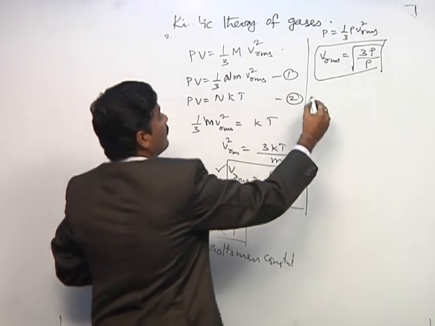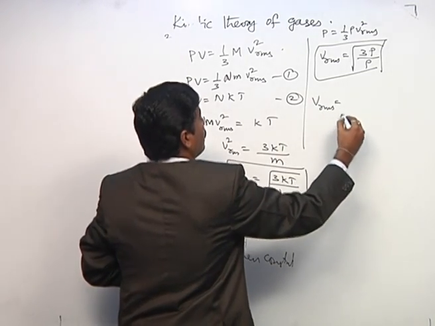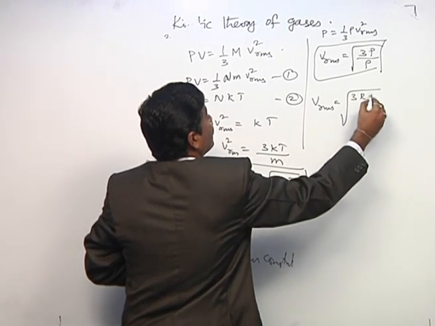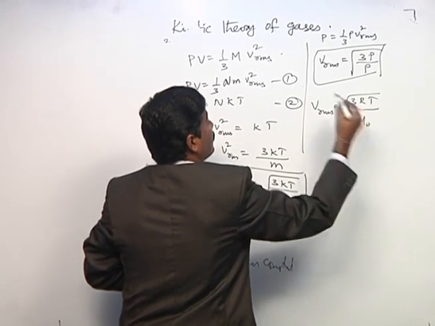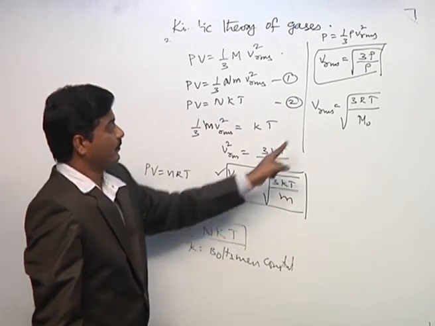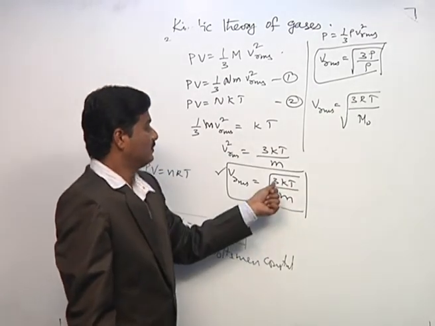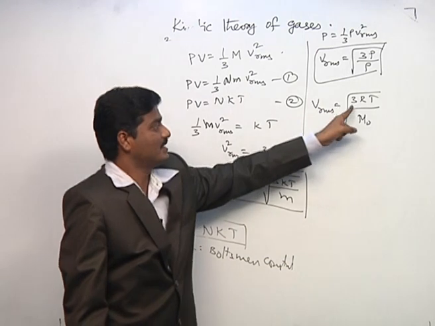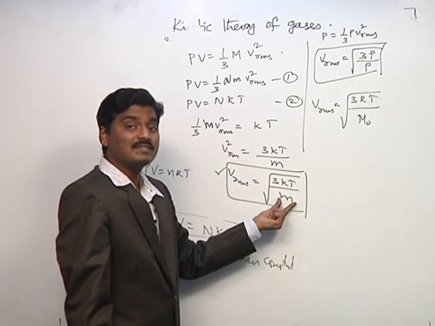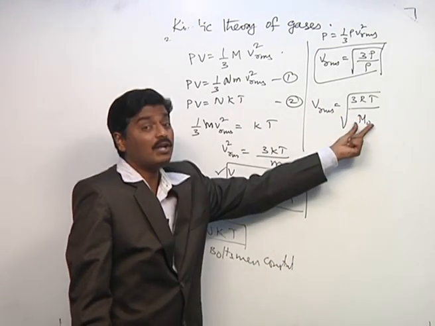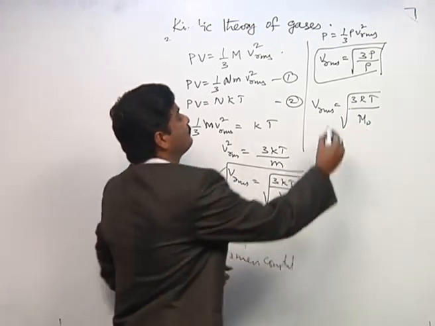We are getting V RMS is equal to the square root of 3RT by M here. This is the molecular weight. So if you compare that, don't get confused. This is 3kT by m here, and this is 3RT by M. This m is the mass of one gas molecule. This M is the molecular weight of this gas.